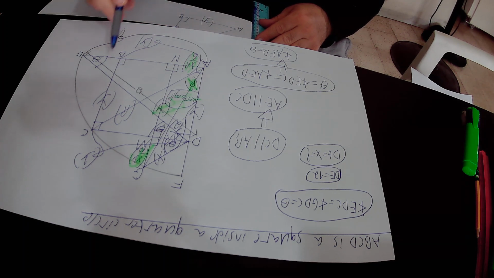Sides AB and BC, they are both equal to y because they are also the sides of square ABCD, and we know that all the sides of square ABCD are equal to y according to our definition.